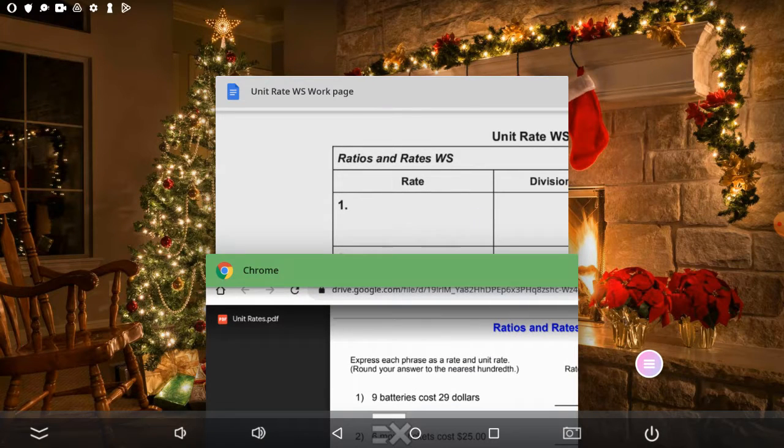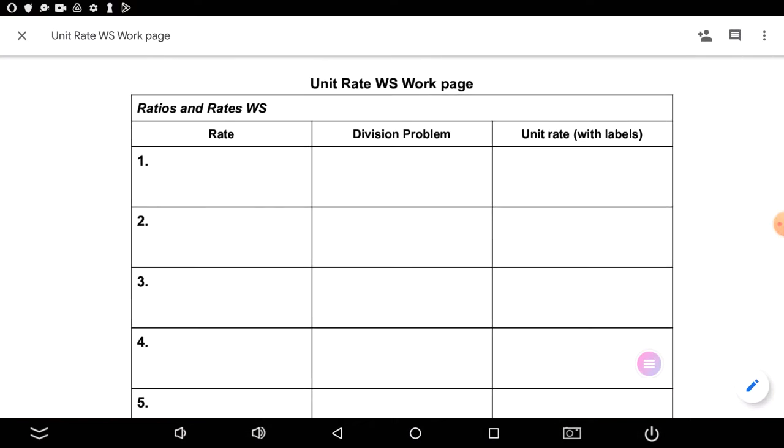So on our work page, the first thing I ask for is the rate. What is the rate that we are given? Nolan? 9 batteries cost, what was it, $25? $29. What is the rate that I'm given? Livy? 9 to 29.